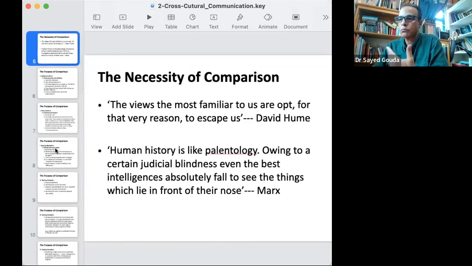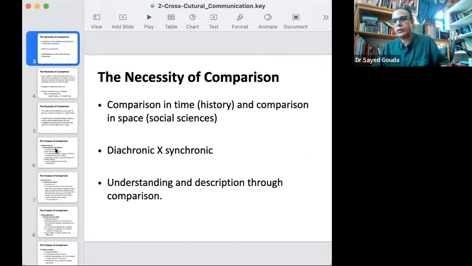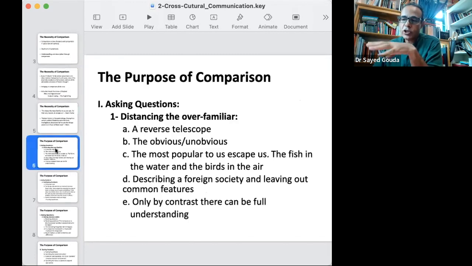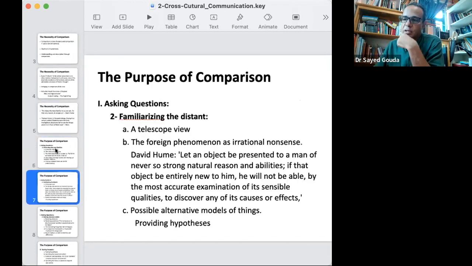If not, we'll take a Chinese poem, okay, and we'll try to demonstrate this distancing the over-familiar and familiarizing the distant on that Chinese poem.